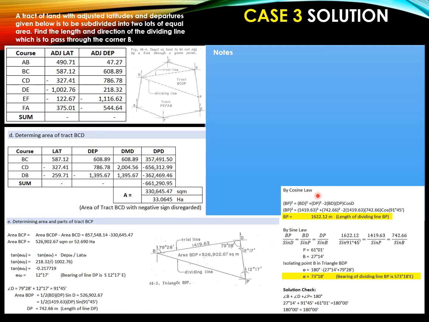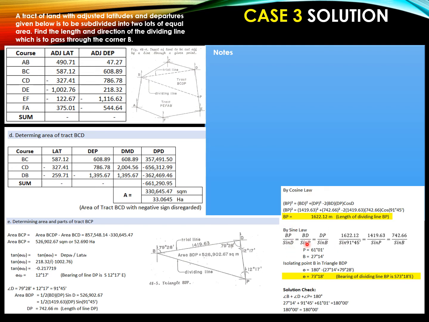So, by cosine law, we get BP squared equals, remember the cosine law and the sine law, and also the triangle properties. Then we get BP.